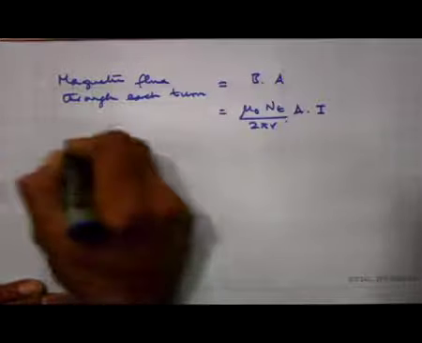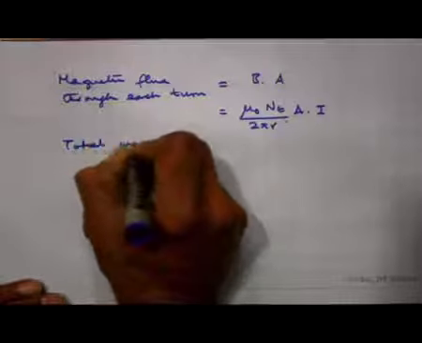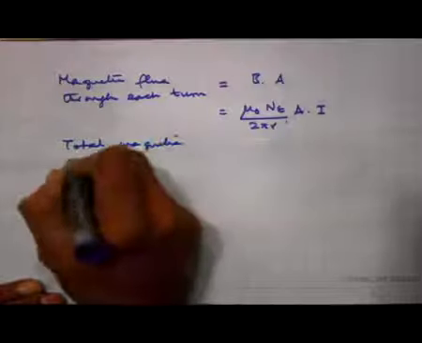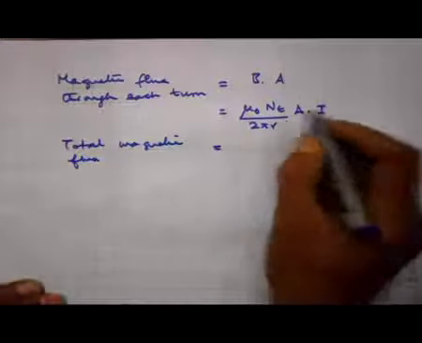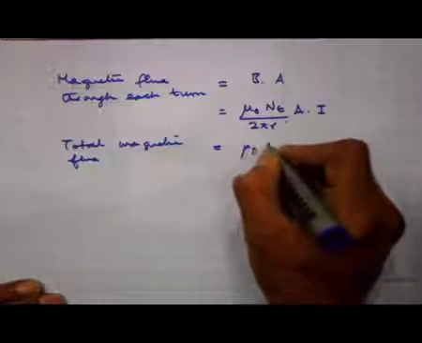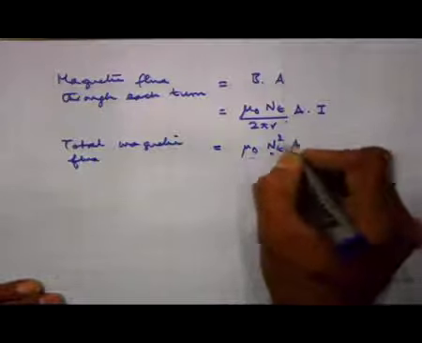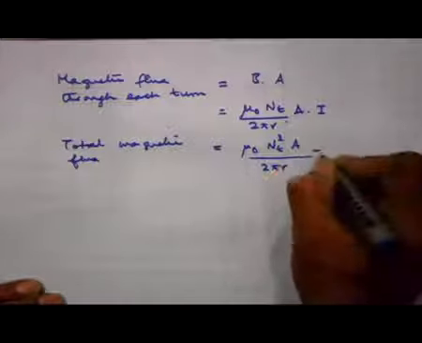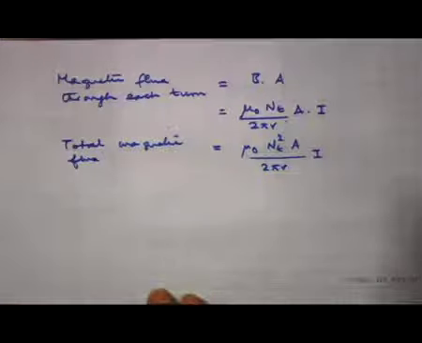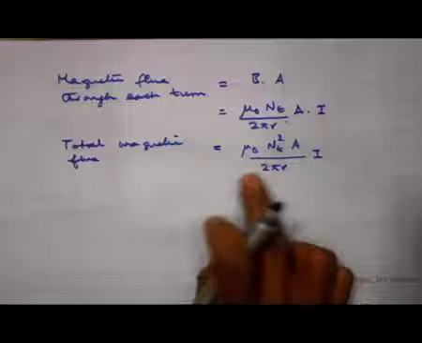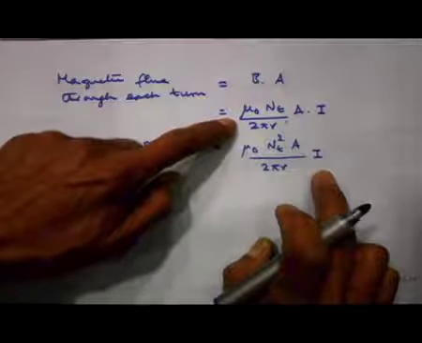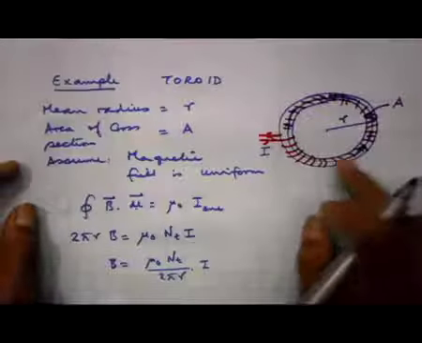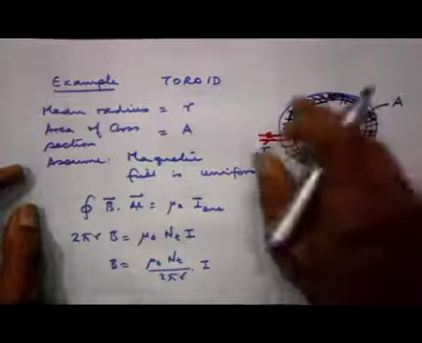So, the total magnetic flux linking all the nt turns of the toroid is obtained by multiplying this by nt. So, you will get mu naught nt square A by 2 pi r into I. So, the total magnetic flux is given by this, because each of the loops of the toroid encloses a flux, magnetic field into area, and there are nt number of loops.